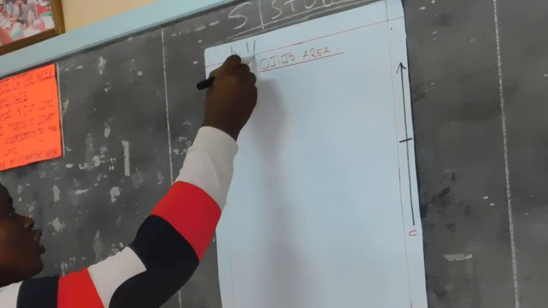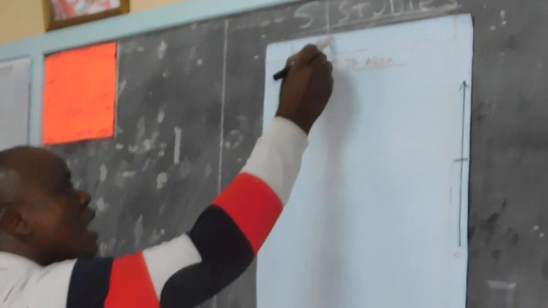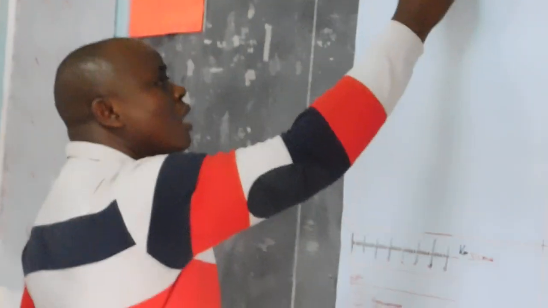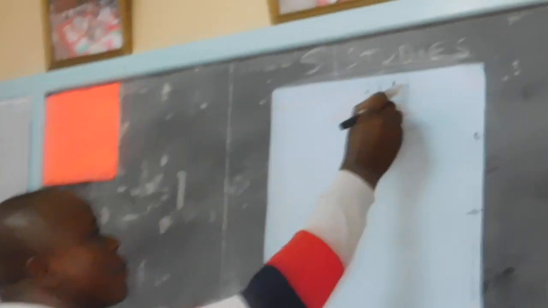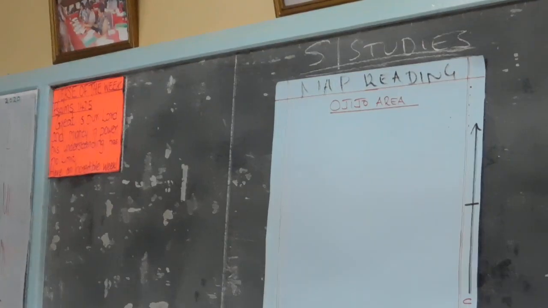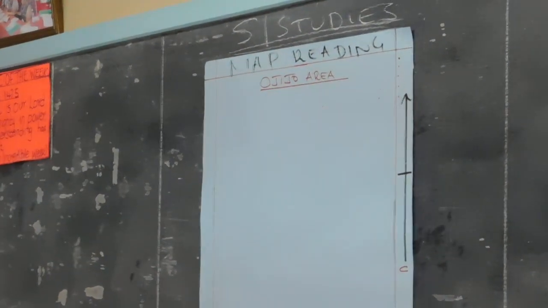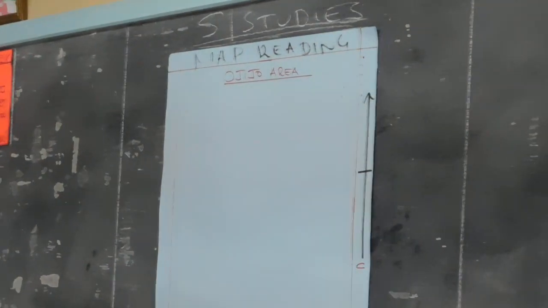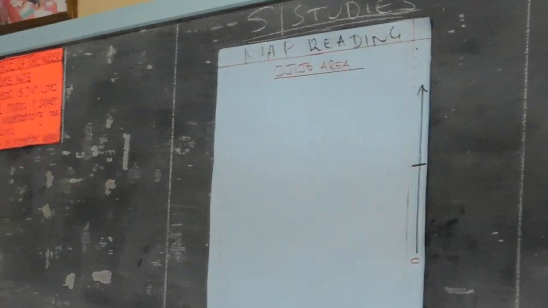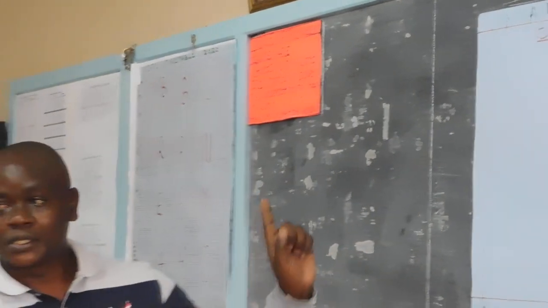First of all, you should know that a map must have 5 good elements. And as you can see on our chart, the 5 elements have been captured well.